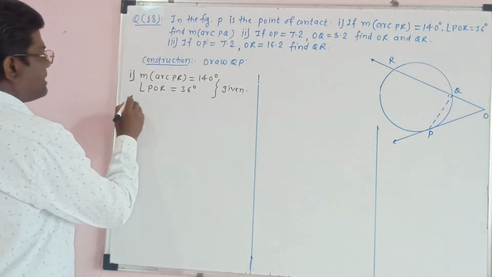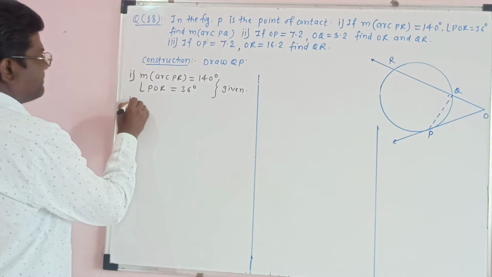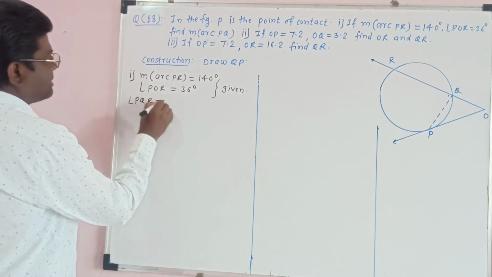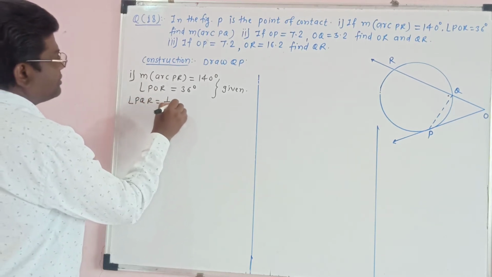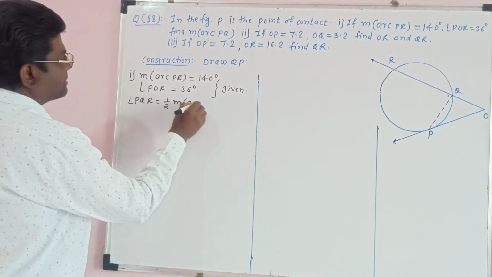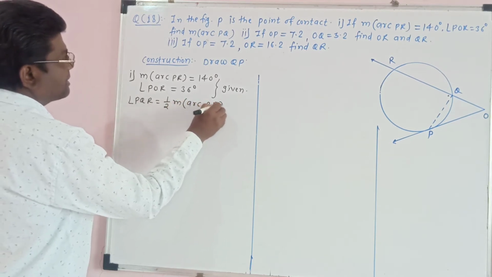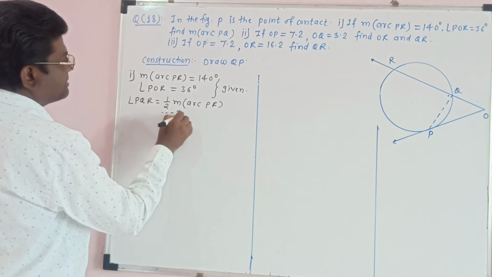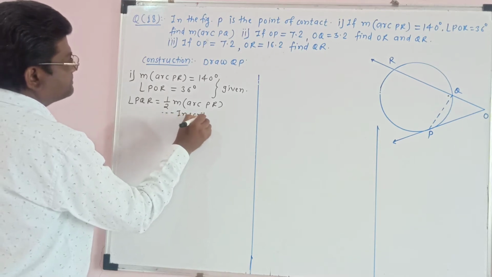Therefore we write here angle PQR is equal to half into measure of arc PR. Reason is inscribed angle theorem.